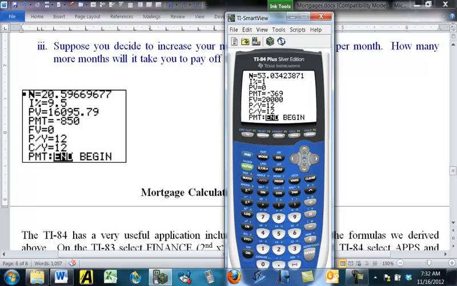But I've seen credit cards with rates as high as 21%. Let's say you borrow $2,000 on a credit card, and you want to eventually get it down to zero.